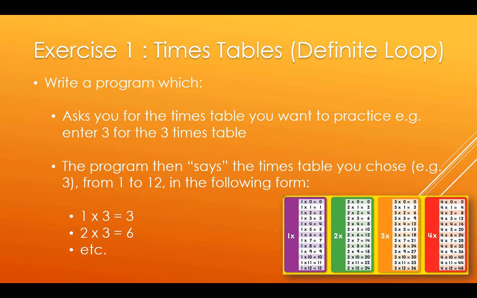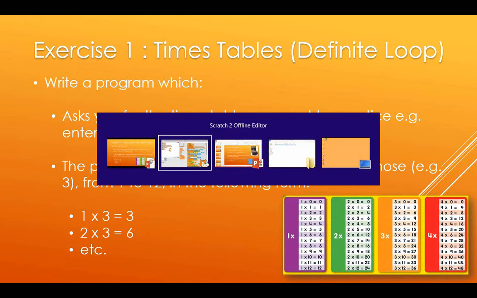Oh, so it's going to repeat all of them. Yeah. So you will say, what times table do you want to do? I want to do the 3 times table. Then it will basically loop through 12 times and do each of the 3 times table.